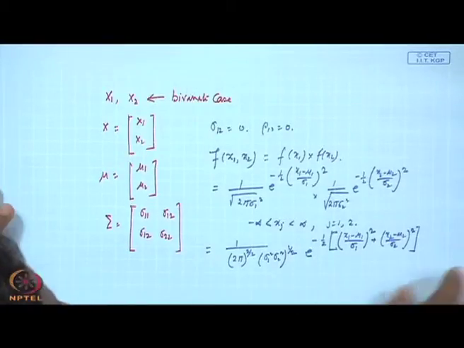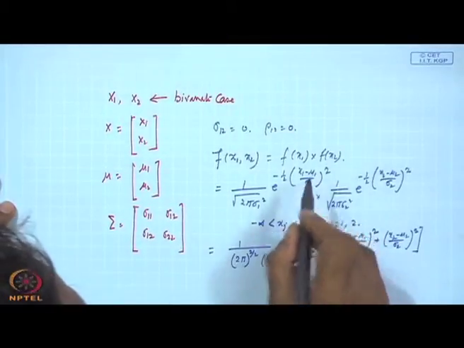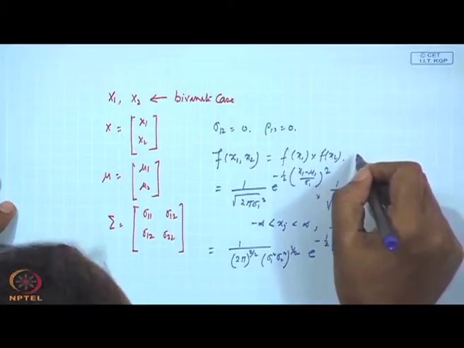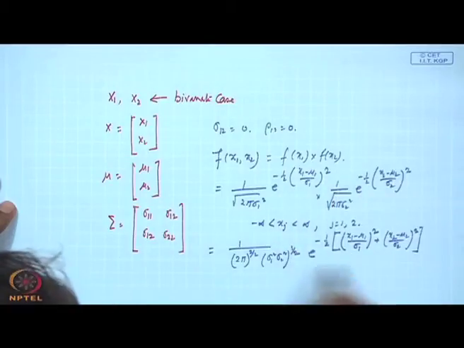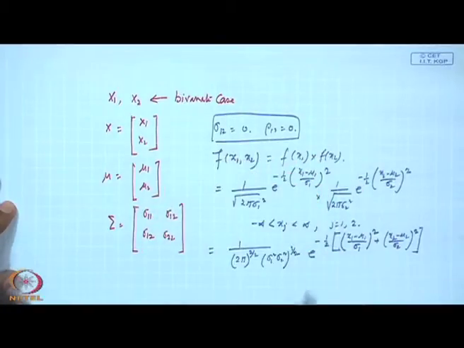So, essentially what is happening here is that when I go for the univariate normal or bivariate normal with no dependent structure, you have two components in the density function.